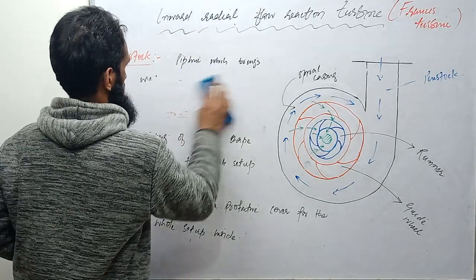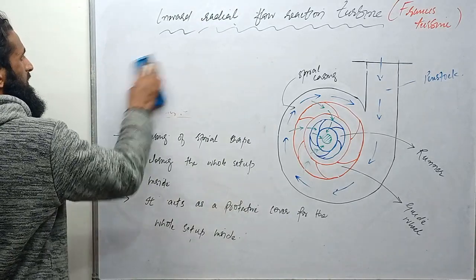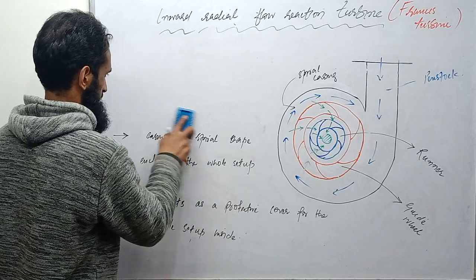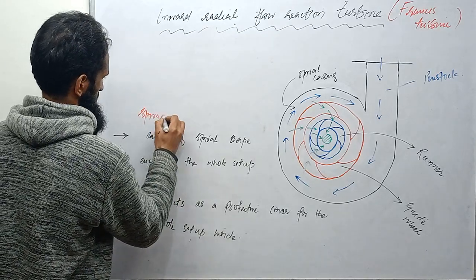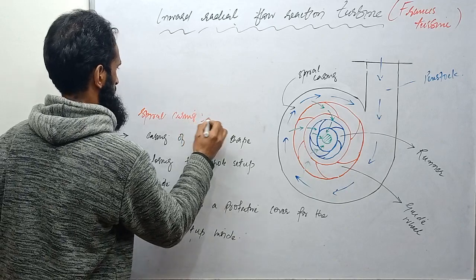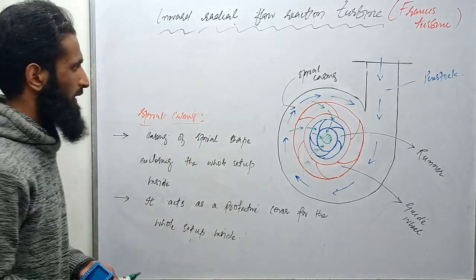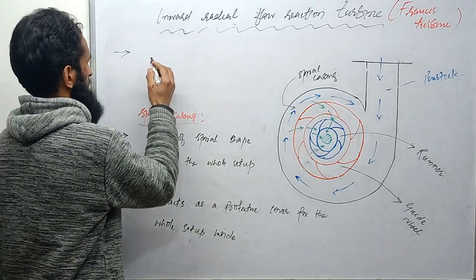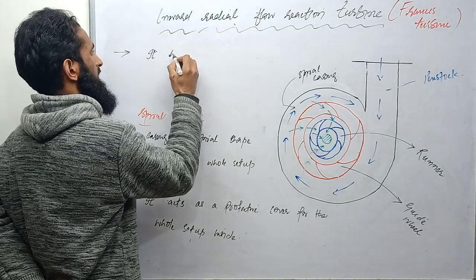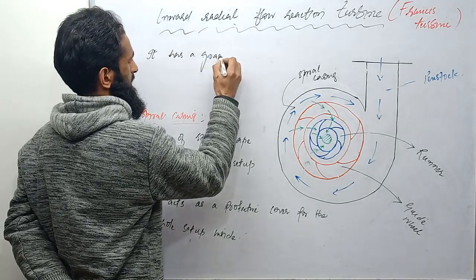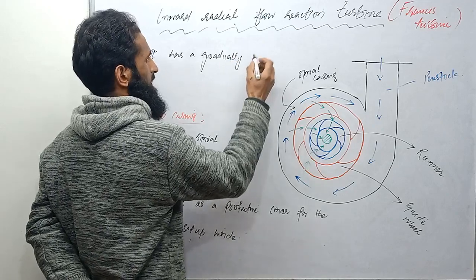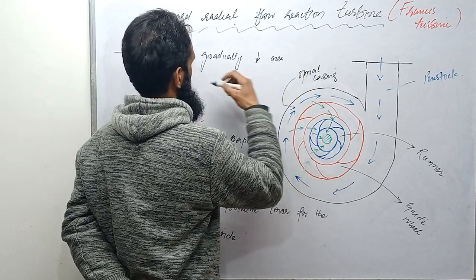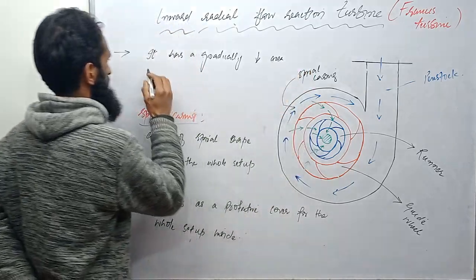And third point in spiral casing is it has a gradually decreasing area of cross section.